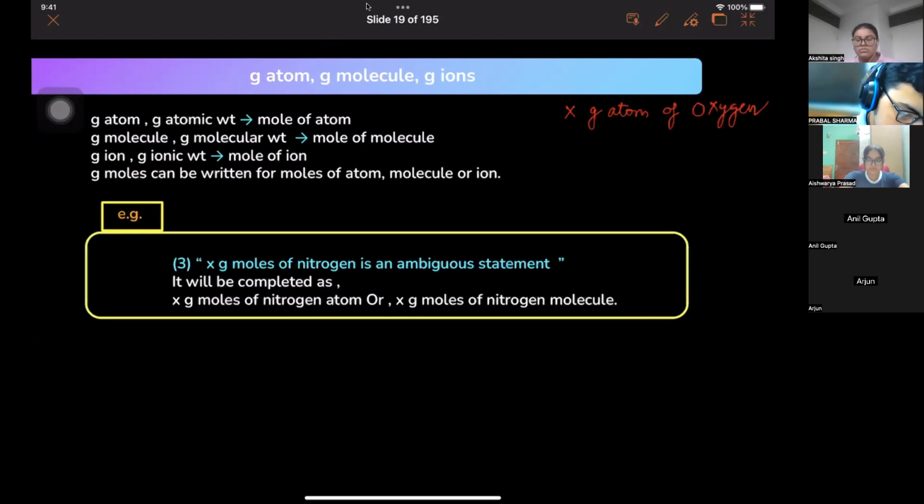X gram atoms of oxygen, how much is the mass? Again, please respect units. You're writing 16, which is not correct. 16 watt, 16 kilograms, 16 grams, 16 ton? What is the mass? Write in proper units. What's the answer?